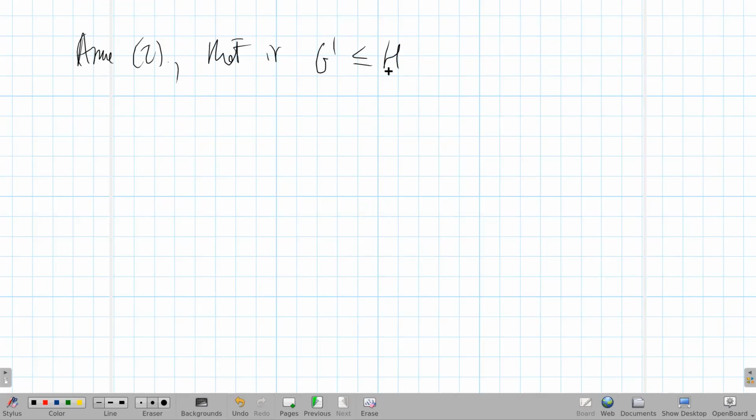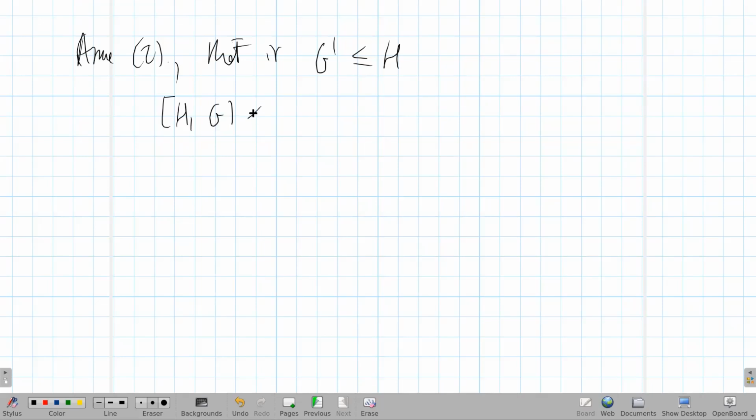How do you prove that H is normal? Well, you consider the subgroup generated by these commutators. And according to the lemma I proved earlier, we have to prove that this is contained in H. But this, of course, is generated by certain commutators.